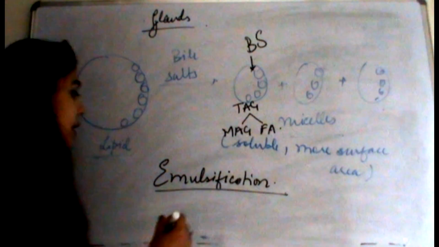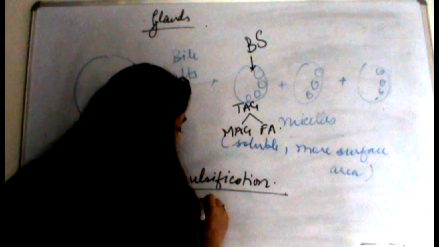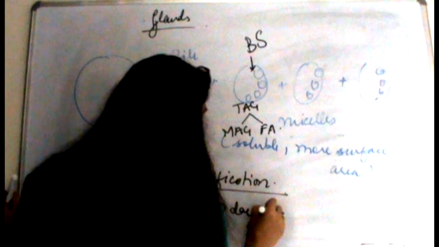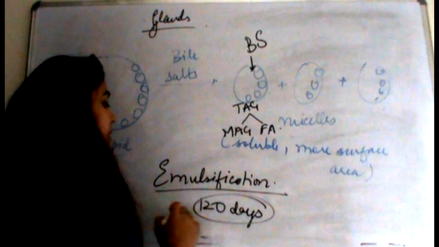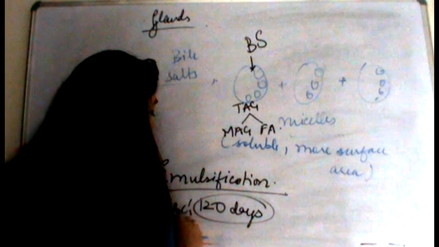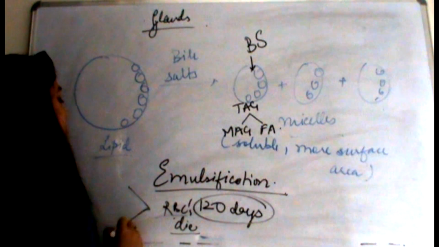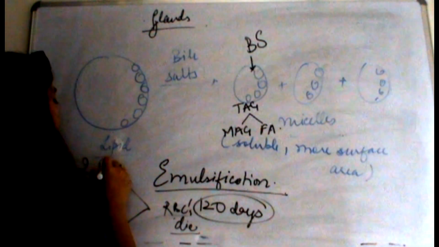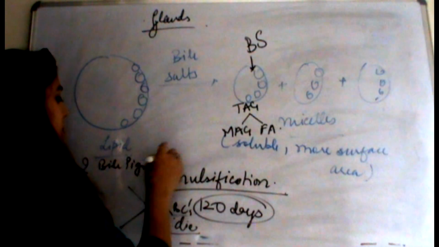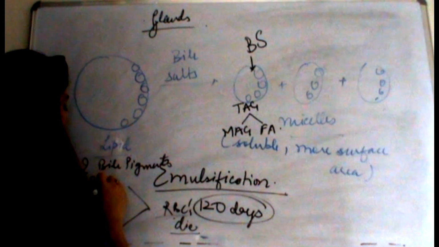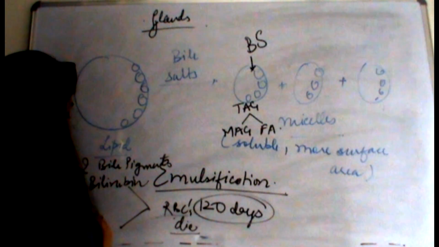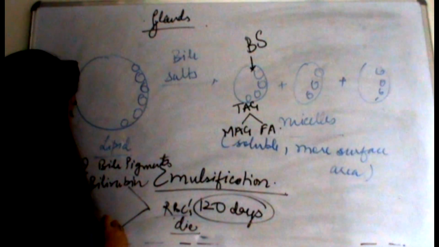Now let's talk about bile pigments. As we all know that RBC's life cycle is 120 days. So what happens after that? After 120 days, RBCs die, and when they die, they lead to the formation of two bile pigments, and these pigments are known as bilirubin and biliverdin.